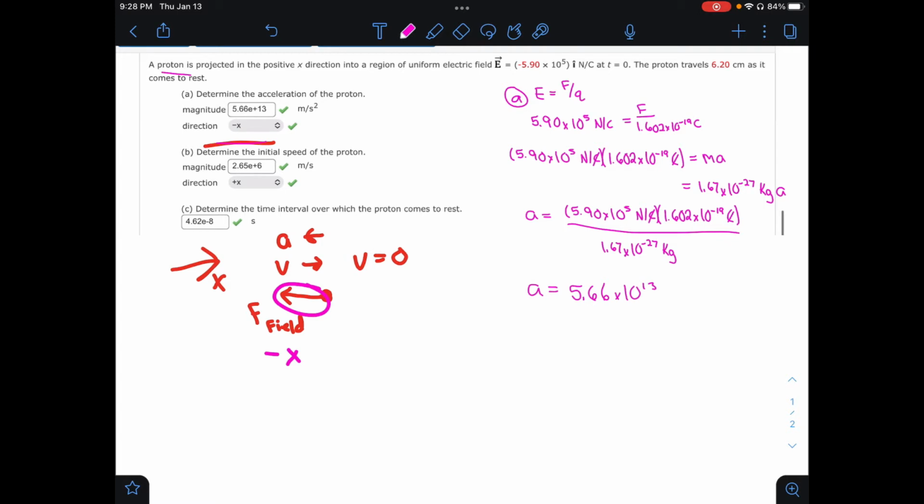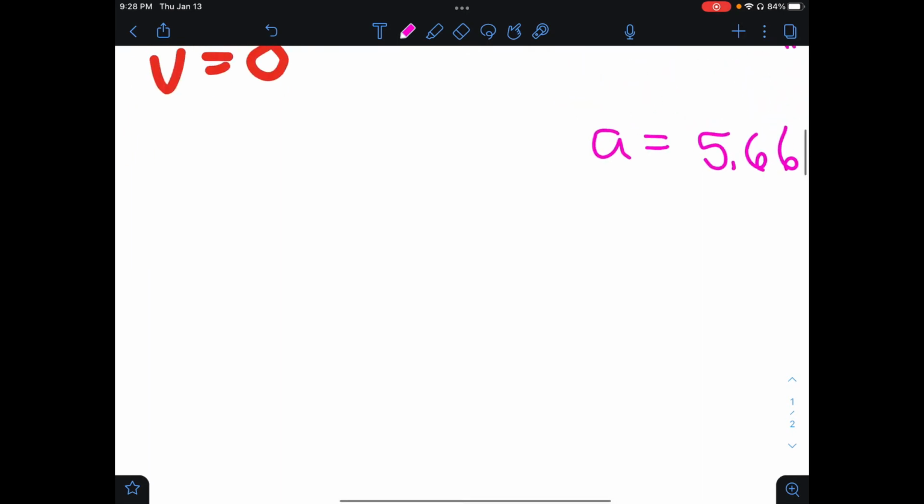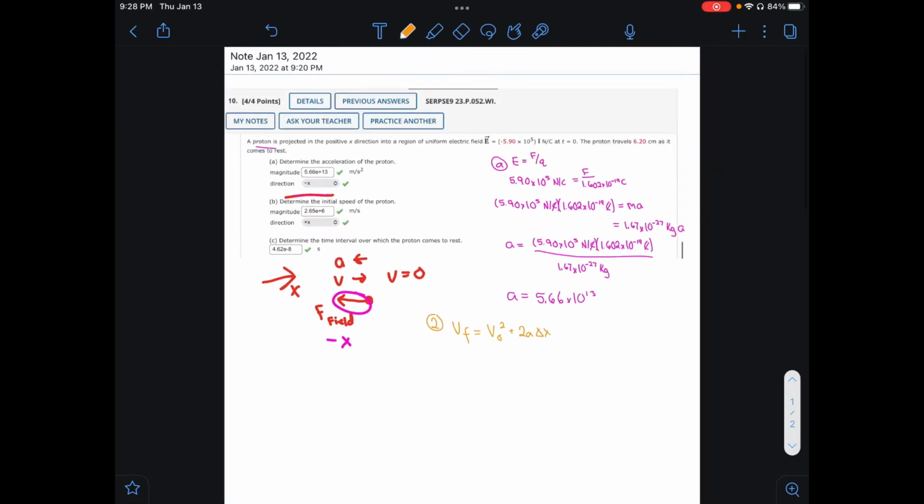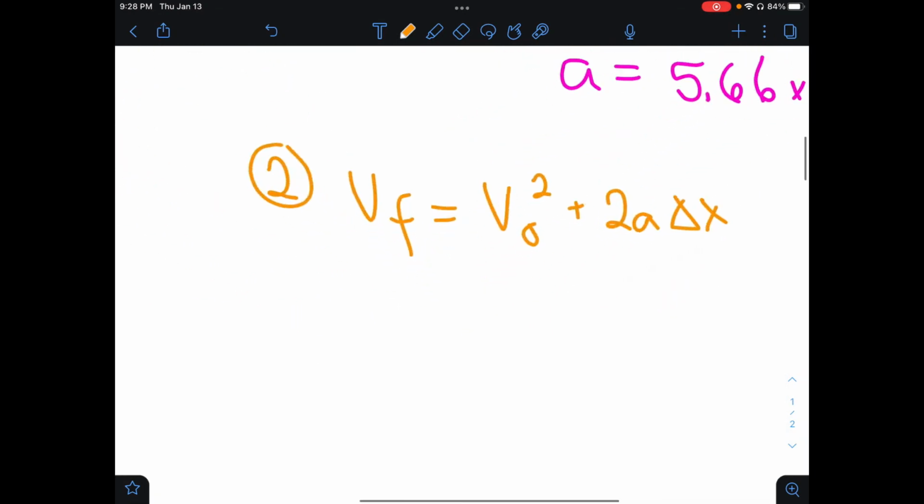Here we can use a kinematic, seeing as we know the acceleration of the object and we know its final velocity, which is going to be 0 as it comes to rest. We can use the equation that V final squared is equal to V initial squared plus 2a change in x, and again we know the change in x is 0.062 meters, 6.2 centimeters.